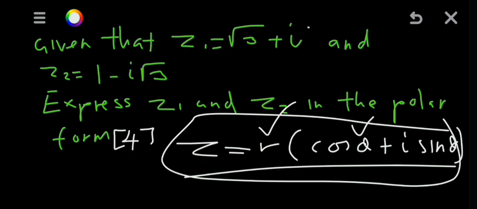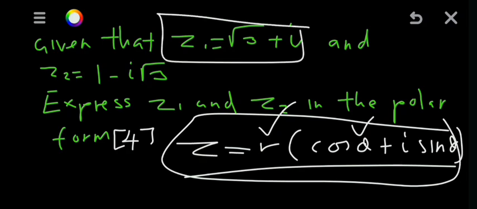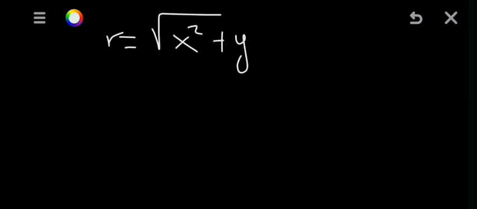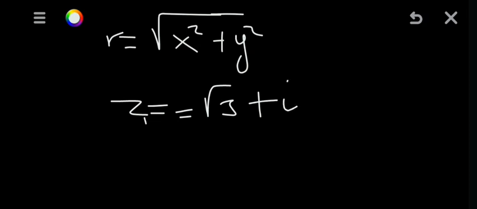So let me start with z1. For z1, I'm going to find r, which is going to be r1, and also theta, which is going to be the angle. So r is equal to root of x squared plus y squared, where x represents the real part and y represents the imaginary part. For z1, we know that z1 is equal to root of 3 plus i, so the coefficient that we have here is just 1.